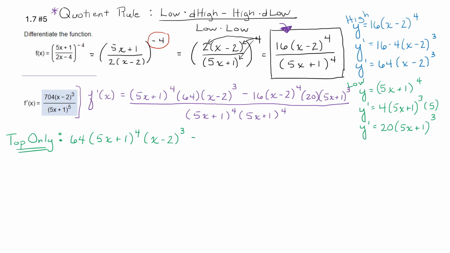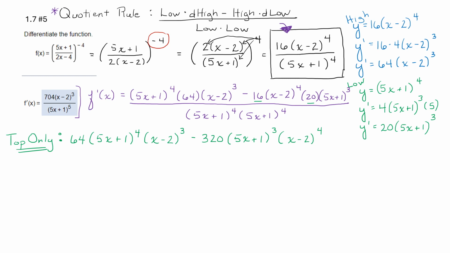Then subtracting, I need to multiply the 16 times the 20, and that will give me 320 times, and I want them in the same order, it doesn't have to be, (5x + 1)^3 times (x - 2)^4. Now remember, I'm doing top only right now because I'm just manipulating it with calculus.